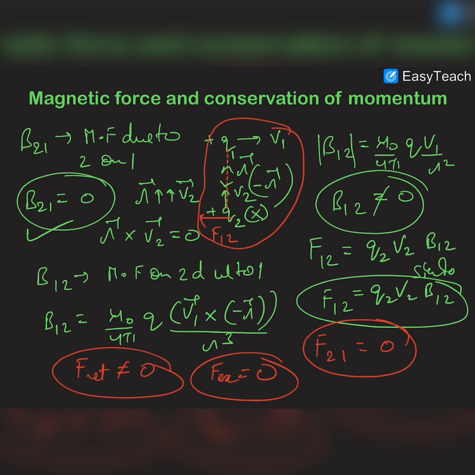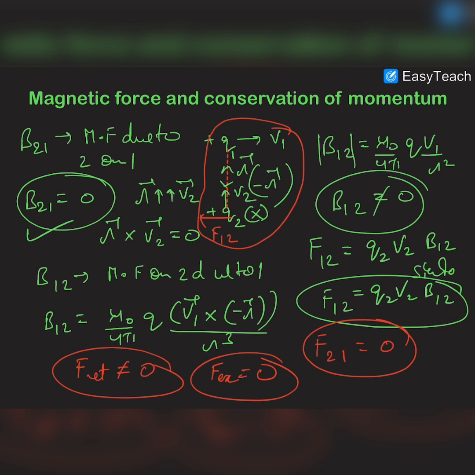And in this case, as we have seen, the force applied by the charge Q1 on Q2 is F12, and the force applied by Q2 on Q1 is 0. So what we are talking about is only the magnetic force. You can see that individually magnetic force is not following Newton's third law, because we are trying to apply Newton's third law for a single magnetic force. That is only a component of the net electromagnetic force.